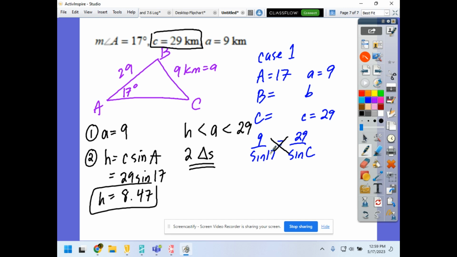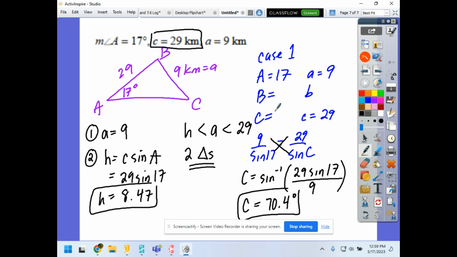We're going to solve that one using law of sine. Cross multiply there. So angle C is the arc sine of 29 sine of 17 over 9. So angle C here is 70.4 degrees.